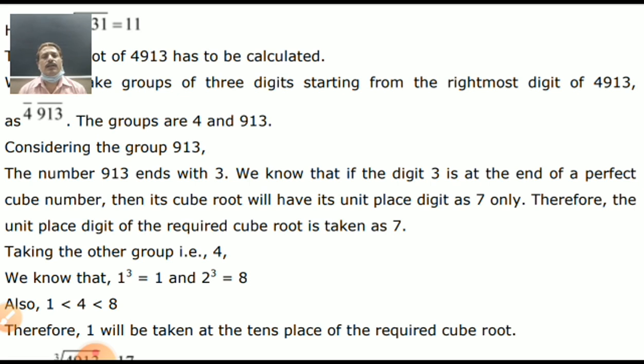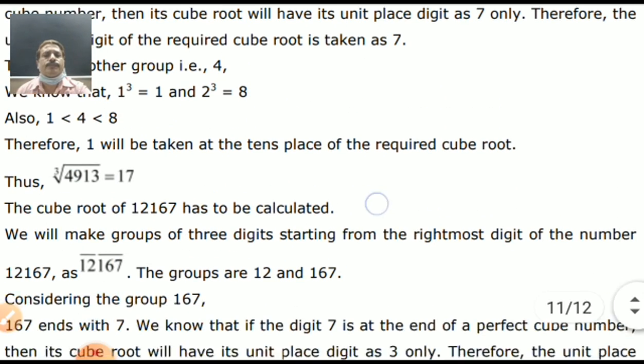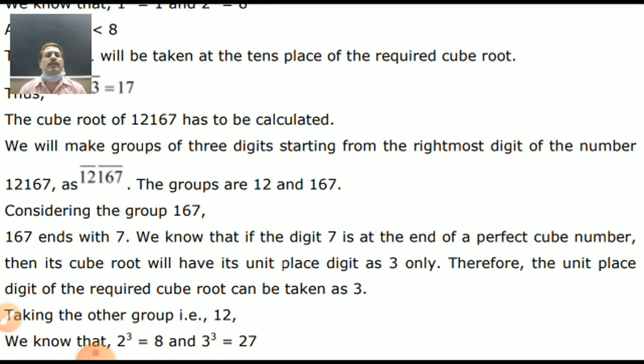Yes, we know that 1's cube is 1 and 2's cube is 8. So 4 is smaller than 8. That's why we have to take the smaller cube, which is 1. So 1 and 7, 17, is the guess. Just check it out. The cube root of 4913 has to be calculated this way.